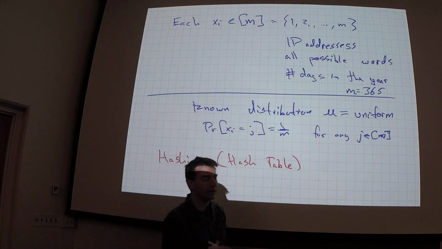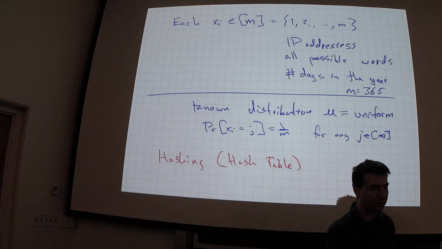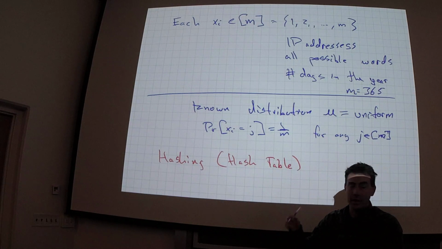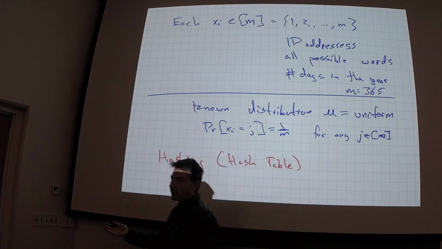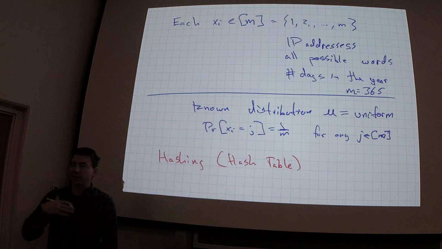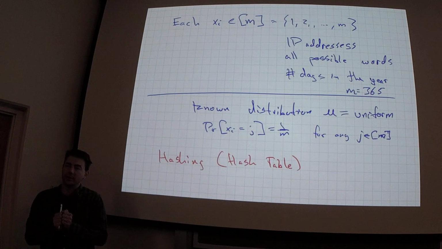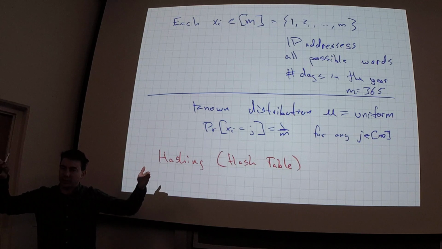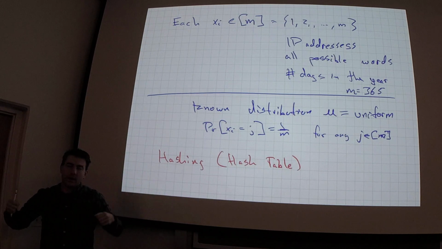If you use a hash table data structure, then this process is what underlies it. When I get a new item and put it in the hash table, it's supposed to map to one of these random m spots in the hash table. Okay?